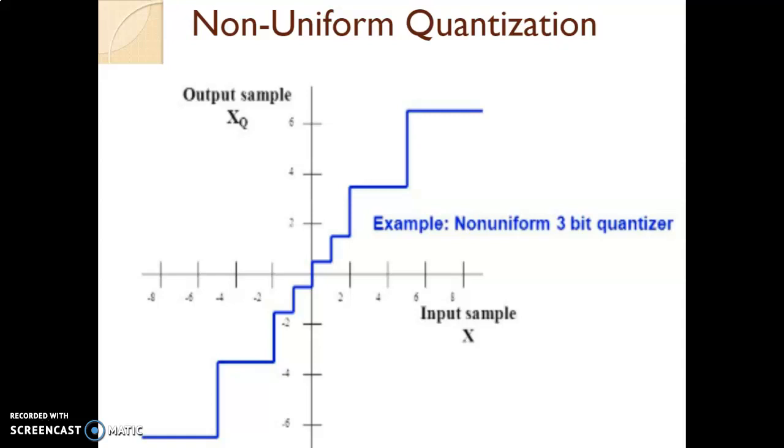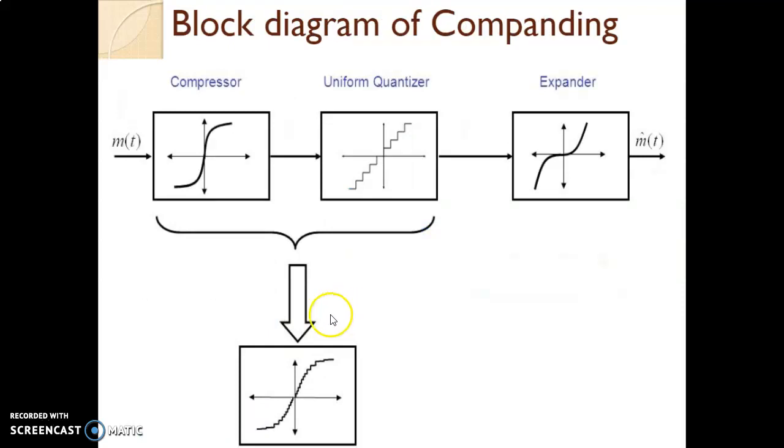We said that quantization has to be performed non-uniformly, but we do not give the signal directly to a non-uniform quantizer because non-uniform quantizers are difficult to implement as well as expensive. That is why we use a compressor and a uniform quantizer only.